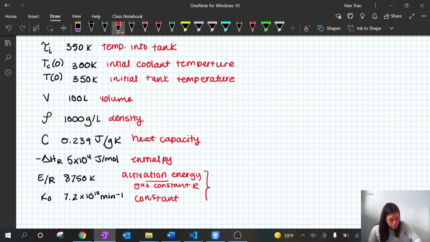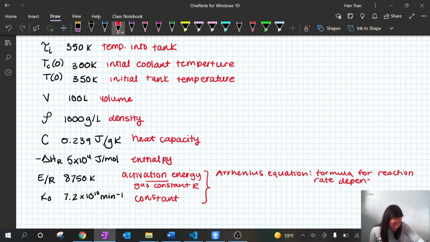So these two parameters actually help us write the Arrhenius equation, which is a formula for a reaction rate dependent on temperature.